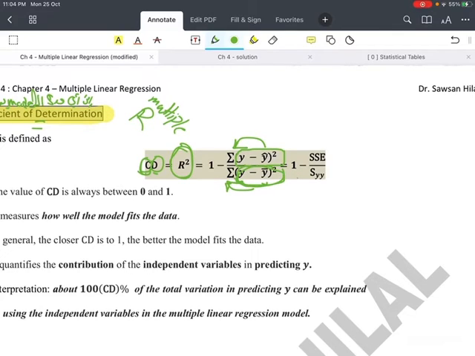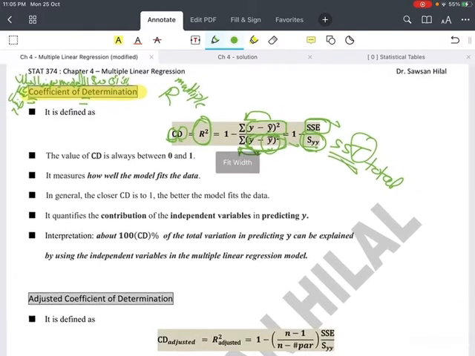So it will be 1 minus something called sum squared error SSE over SYY. هذا ال SYY يسمونه SST. This T for total. Okay, so it will be the y minus the y bar. This we call SST. This SSE and SST, okay, we will define it later.